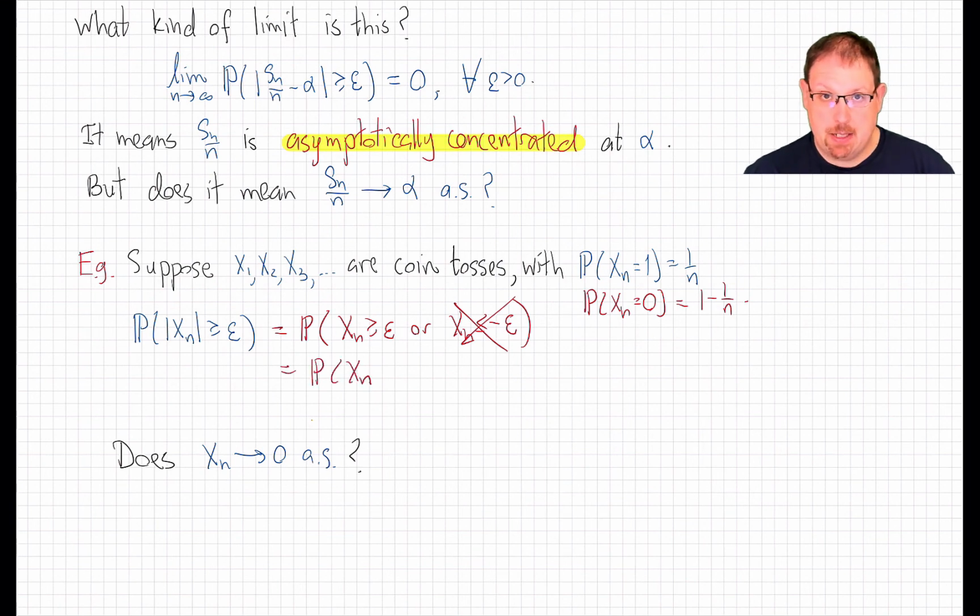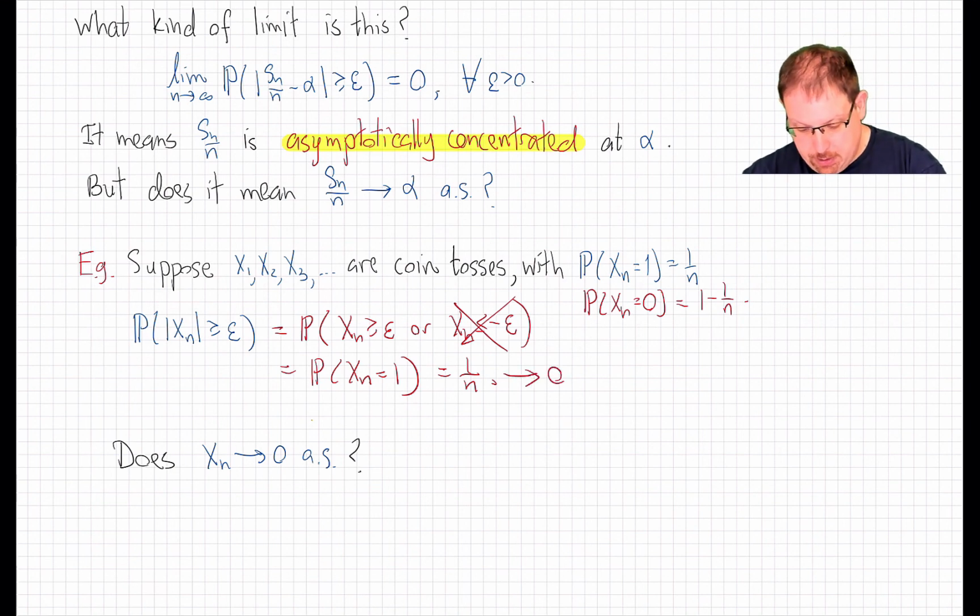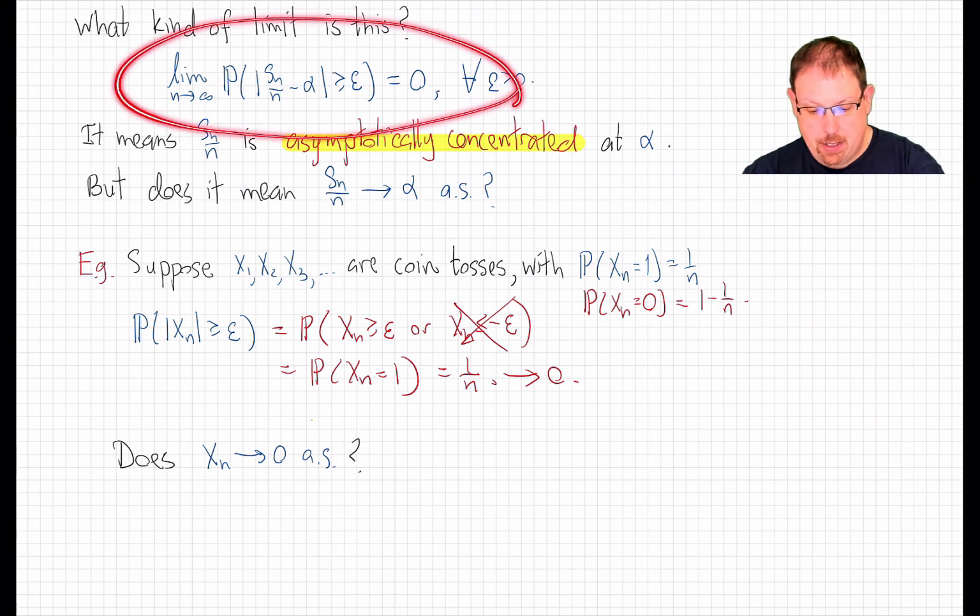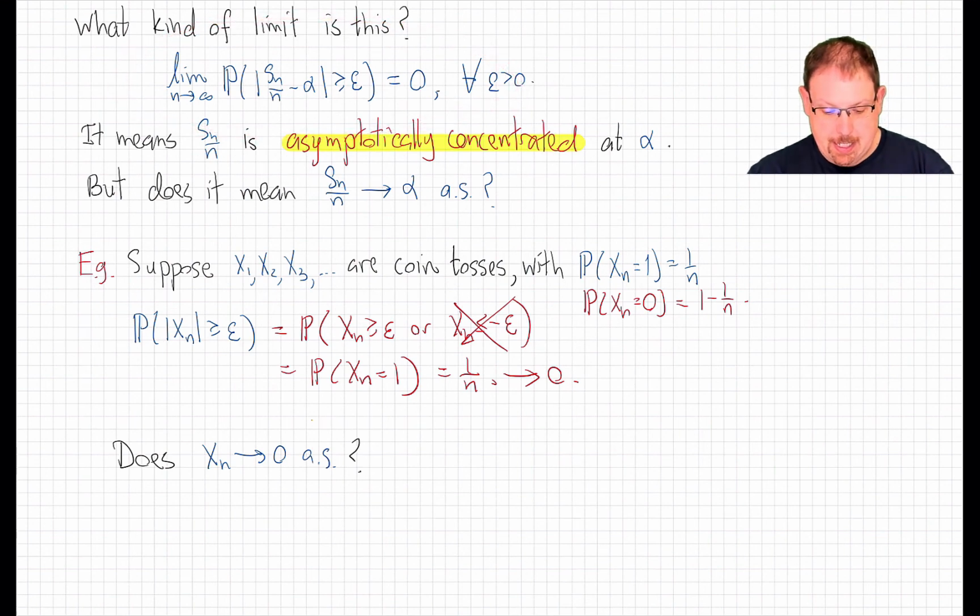And since epsilon is strictly greater than 0, the only way that can happen is if Xn is equal to 1. And so this probability is equal to 1 over n, which indeed goes to 0. So following the same kind of scheme we had up here in the weak law of large numbers, this sequence Xn converges in probability to 0.